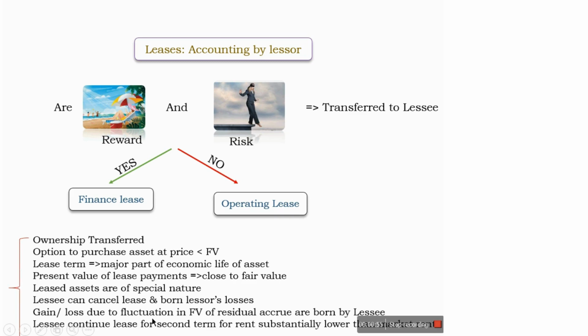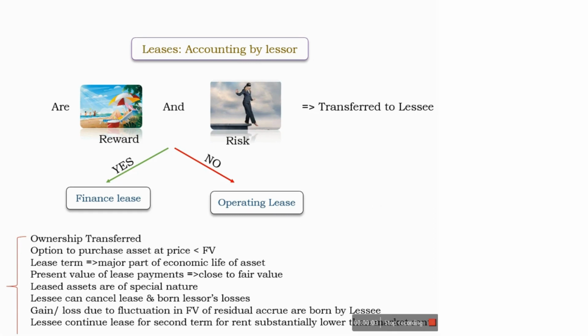Gains or losses due to fluctuation in the fair value of the residual accrue to the lessee, and the lessee continues the lease for a second term at rent substantially lower than the fair value. So if these indicators are present, the lease will be classified as a finance lease.